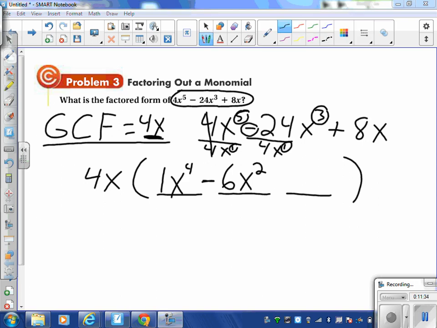And my last one, I put my 4x underneath that. I'm dividing that. 8 divided by 4 is 2. Don't forget our plus sign that goes in the middle. Exponent 1 there. Exponent 1 there. And 1 minus 1 is 0.